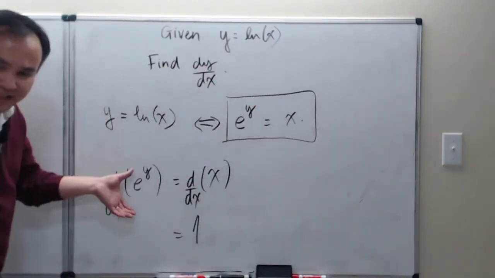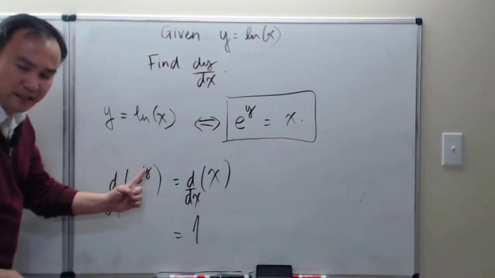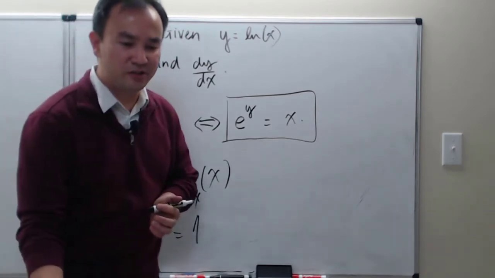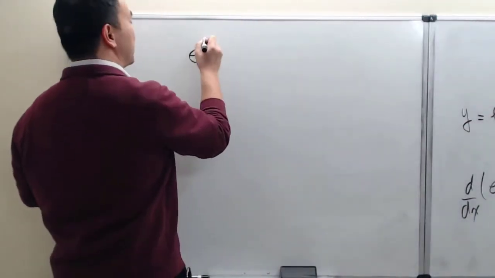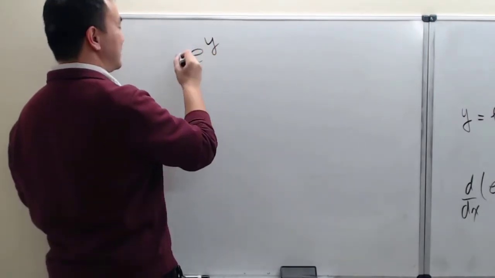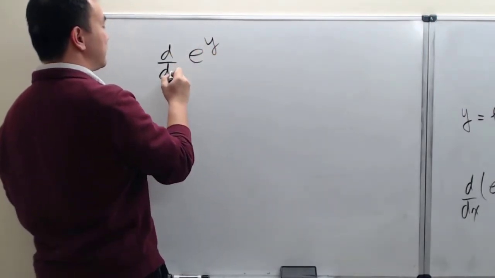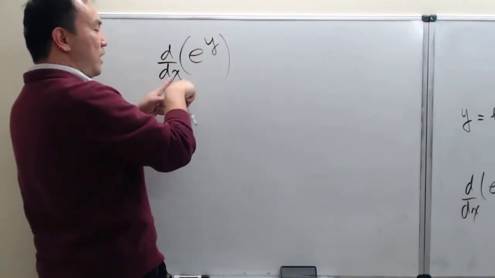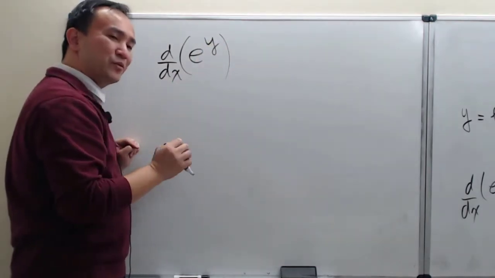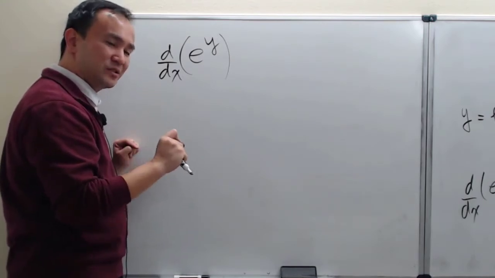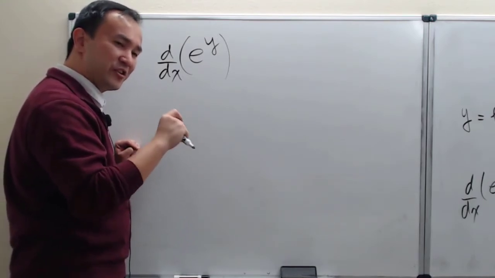Now it's time to move on to the next step. On my left-hand side, it's e to the y. Let me bring everybody to my other board. It's e to the y, and we want to find the derivative of this e to the y in terms of x. But recall again, y is a function of x.